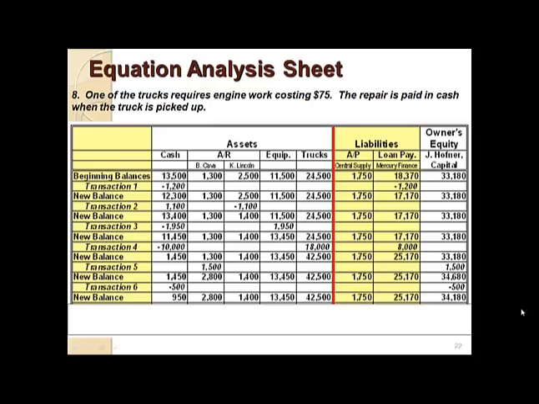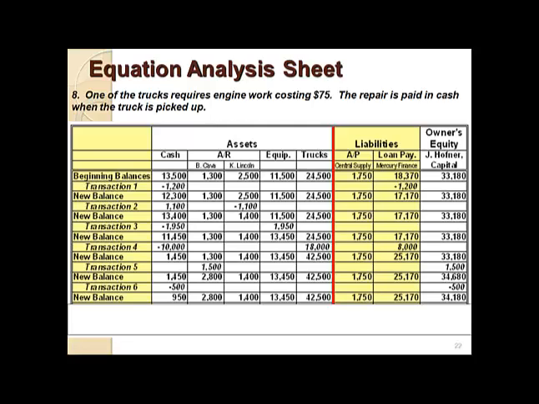The last transaction here reads, one of the trucks requires engine work costing $75. Repair is paid in cash when the truck is picked up. This is going to affect our cash account because it's money coming out of our pocket, and since no other accounts can be affected right now, that $75 to balance out our cash will have to go into our owner's equity.